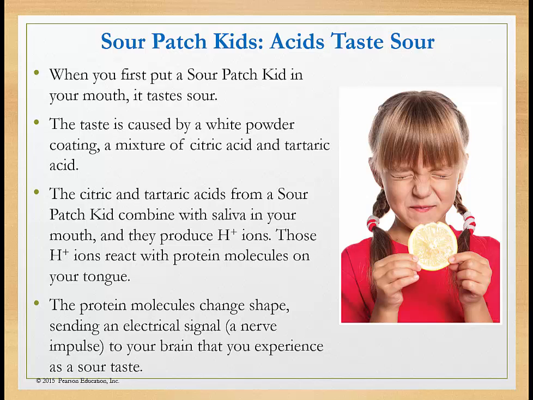So when we talk about these H+ ions, hydrogen ions, those are also called protons. And what happens is those protons react with protein molecules on your tongue, and that sends an electrical signal to your brain. It causes the protein molecules to change shape, that signal gets sent, and your brain registers that as a sour taste.